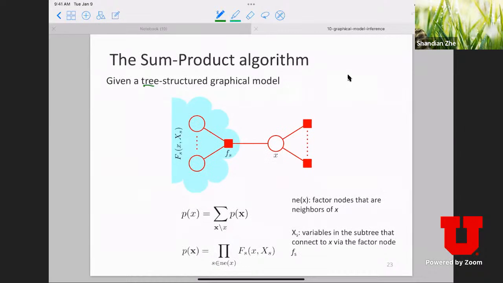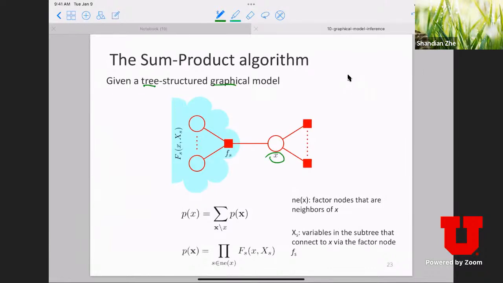Suppose you are given a tree structured graphical model, and your joint probability. Suppose you want to look at a particular node in your factor graph, a particular variable node x, and you want to compute the marginal distribution of this node x.